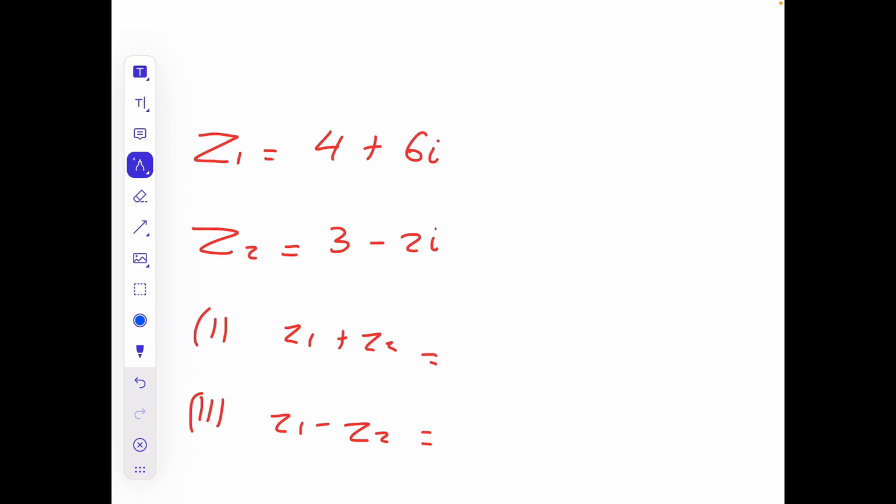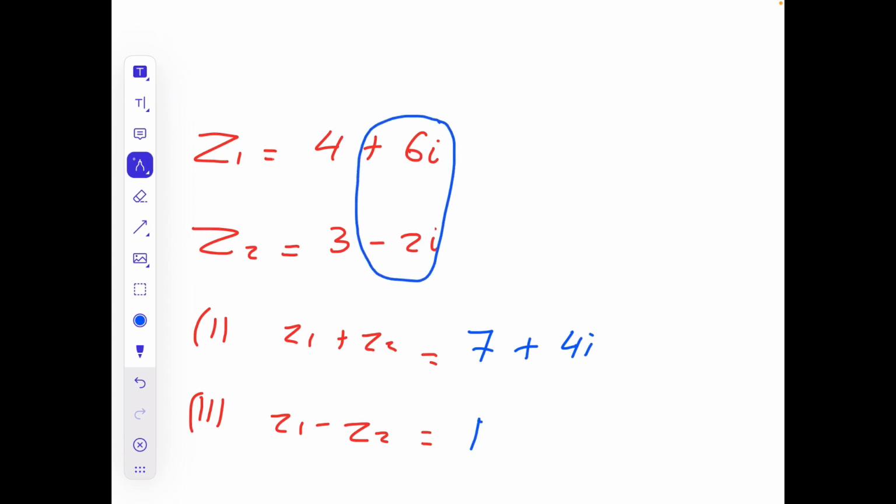Okay, so first for Z1 plus Z2, we're going to add the real parts and add the imaginary parts. So we'll have 4 plus 3, that's going to give me 7. And 6 plus minus 2i, that will give me plus 4i. Now this is where I think people are more likely to make the mistake. So it's going to be 4 minus 3, which will give me 1.